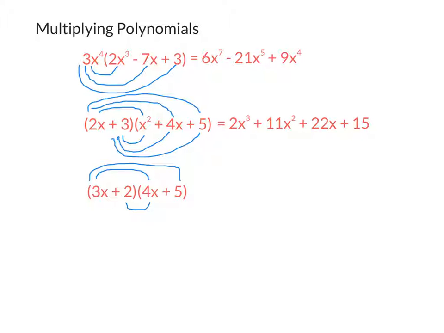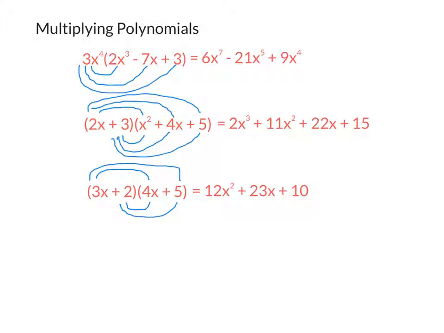And then L, for the last terms, we're going to multiply the 2 times the 5. Again, after we do all this, we're going to combine our like terms and come up with our final answer. And our final result comes out being simply 12x squared plus 23x plus 10.